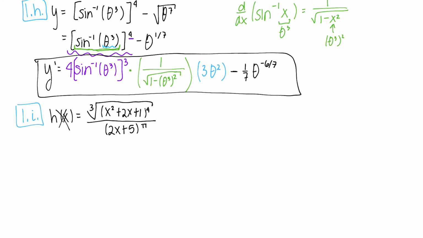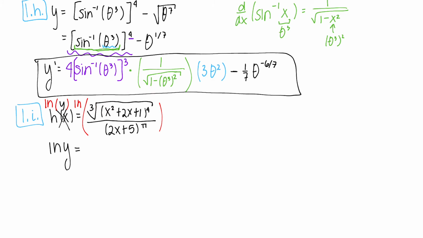So we're going to pretend this is a y, and we're going to take the natural log on both sides. So we have ln y is equal to this first part here. The radical is the same thing as being raised to the 1/3 power.